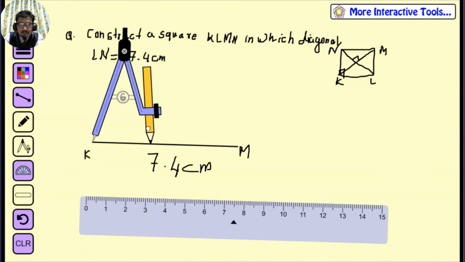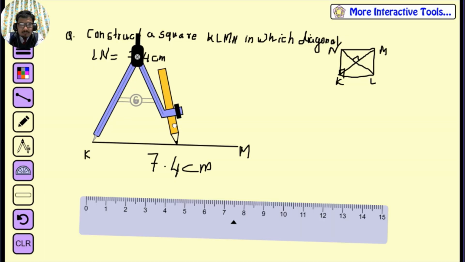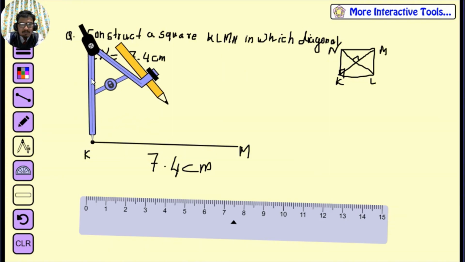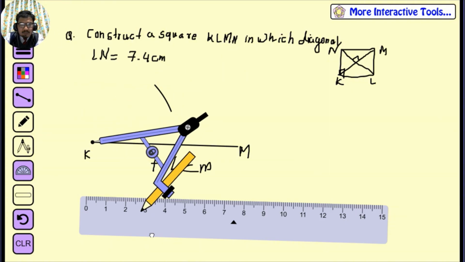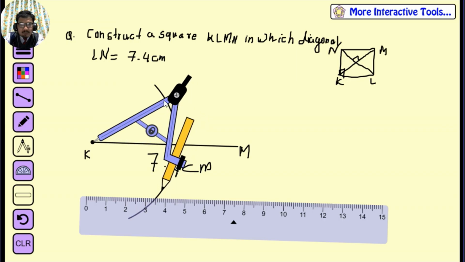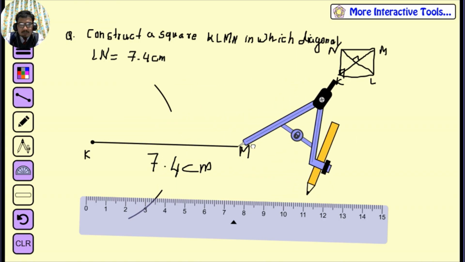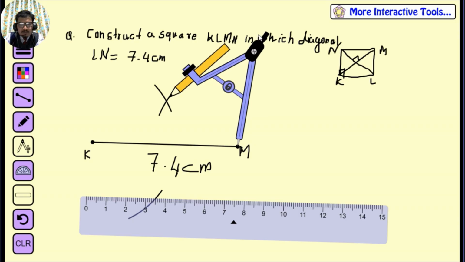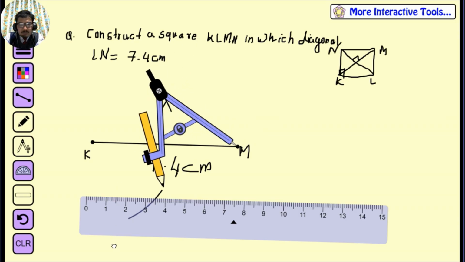For that we have to take more than half, and cut the arc up like this, and down also. From the point M also cut an arc like this. This is for the bisection of this line, and down also cut like this.